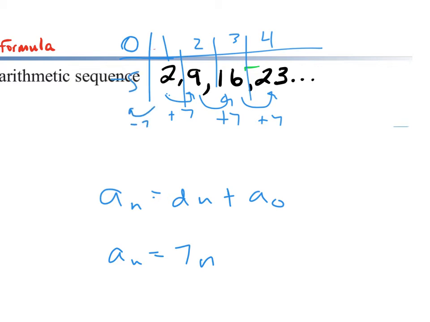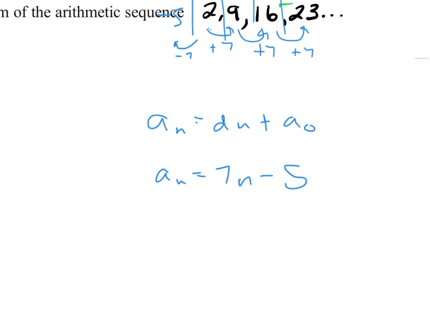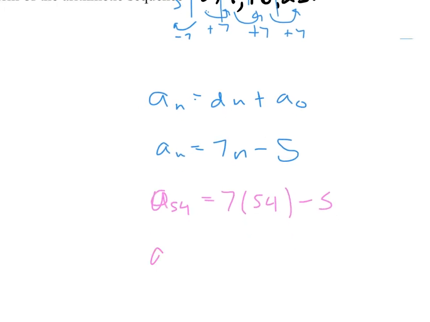Negative 5. So we would have 7n minus 5. And that's our answer. Oh wait, this one asks us for the 54th term. So we have to plug in 54. So we have a sub 54 is equal to 7 times 54 minus 5. What's 7 times 54?